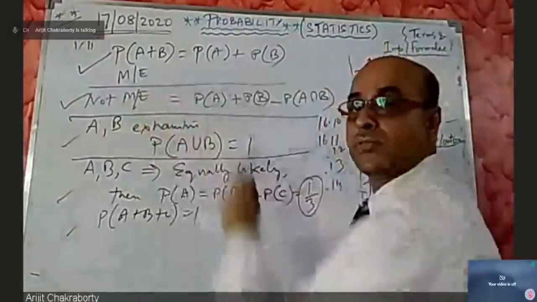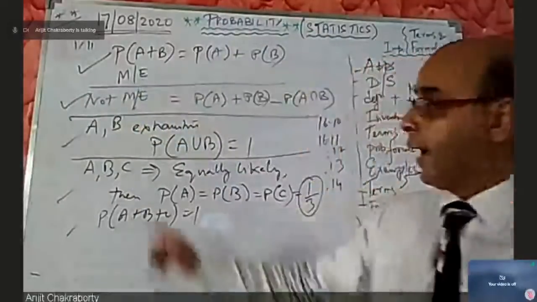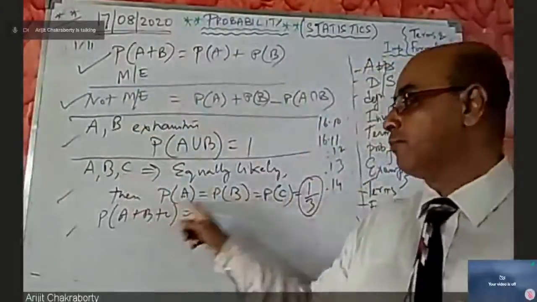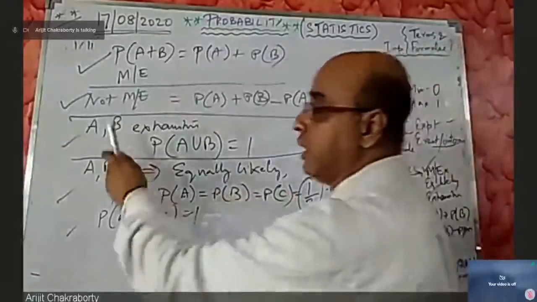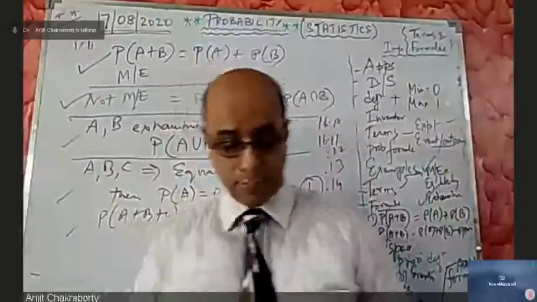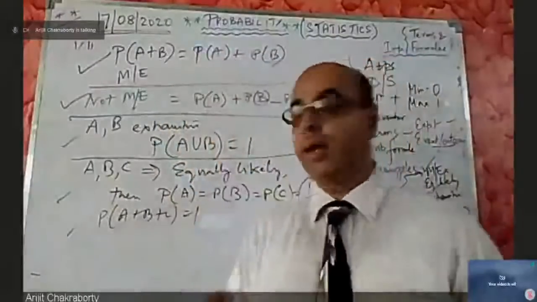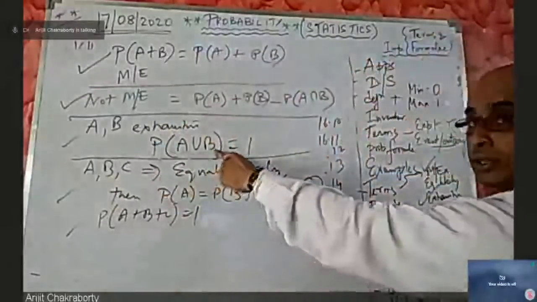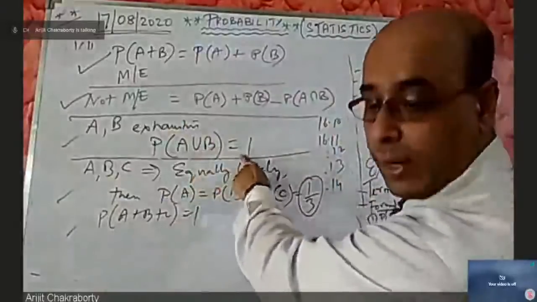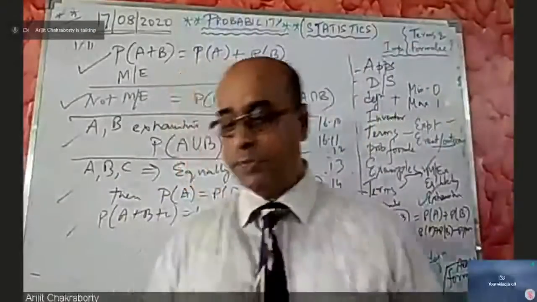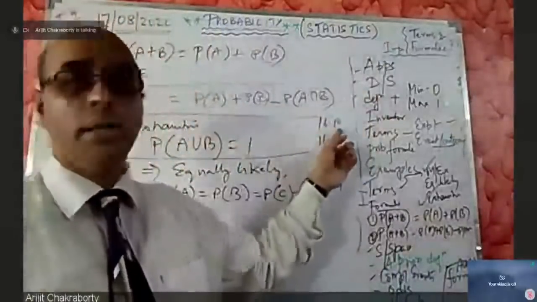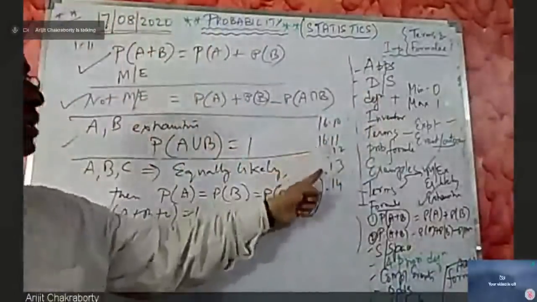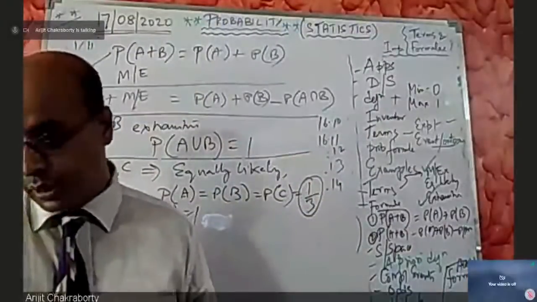For mutually exclusive, simply P(A) plus P(B). A, B and C will be equally likely when P(A) is equal to P(B) is equal to P(C). And if A and B are exhaustive events, that means together they have to be 1, so P(A union B) is 1. So this is what the formulas in the study material are also, 16.10, 16.11, 12, 13 and 14.